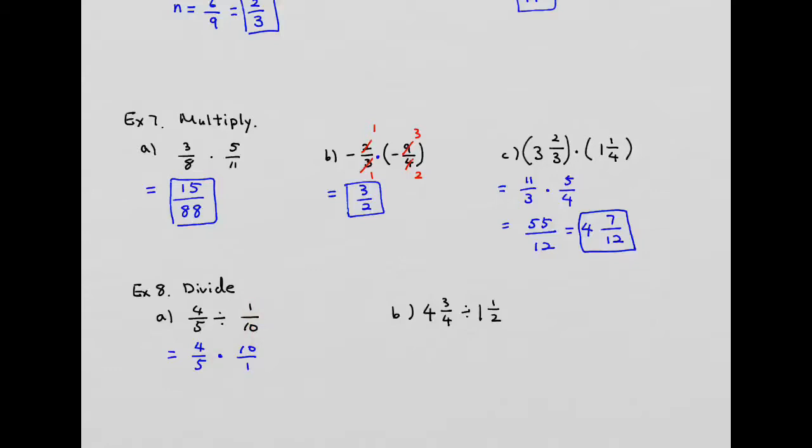Now multiplication, we already know how to multiply. Let's reduce first and then multiply. So it will be 8 over 1, which is just 8. If it's mixed numbers, you want to change to improper fractions first.